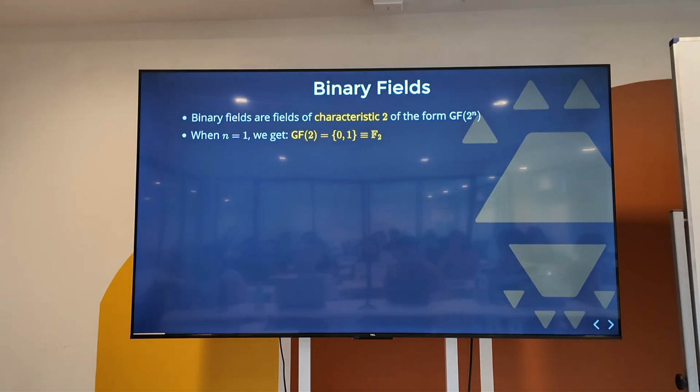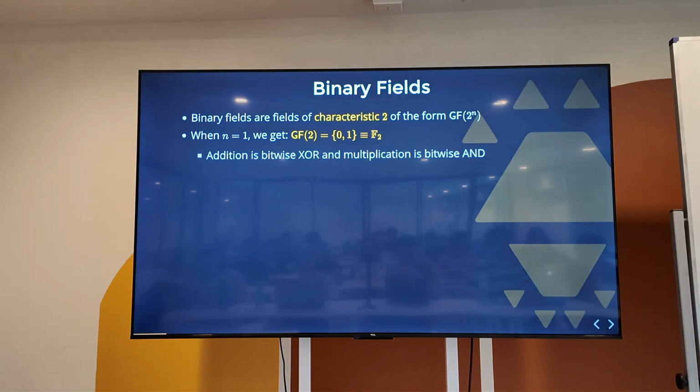When we look at the simplest possible form of a binary field, it's just a 1 bit number, which is 0 and 1. That's typically called GF2, where GF stands for Galois field. When you have 0 and 1, this is indeed a field because you can define addition and multiplication, and then verify that the properties required for a field hold true.